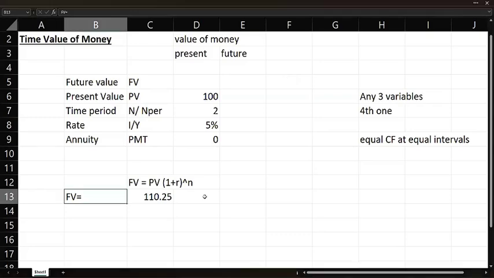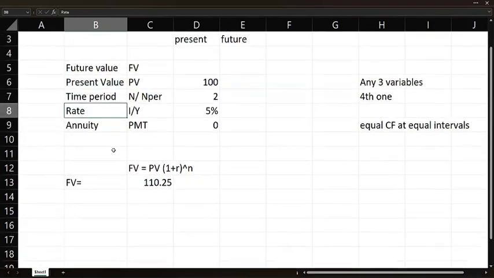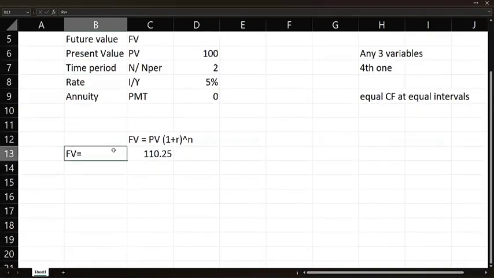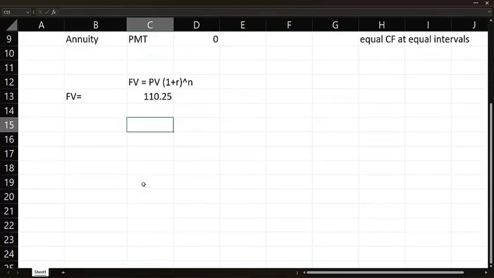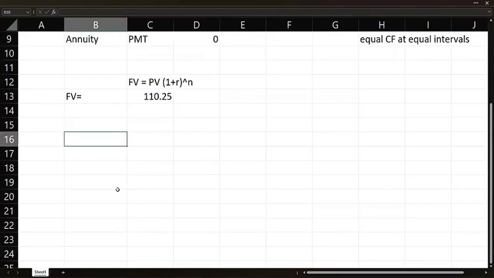Now let me talk about some important terms that you have to be very, very clear about. The first thing that I want to address is your rate. What is this rate of interest? Rate of interest is what you get. Let's say you have 1 lakh rupees or $100 to be invested as of today.